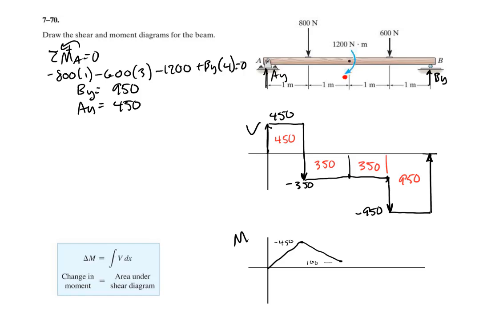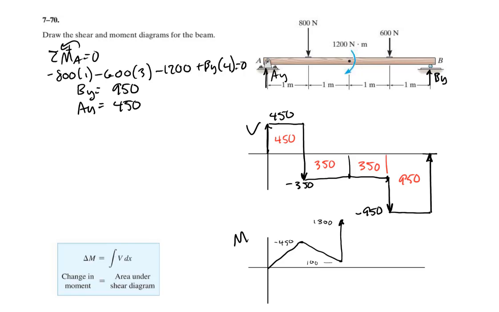And our rule is if it goes in the clockwise direction, moment takes a step up. So what we would do is then draw this discontinuity up like this to a new value of 1300. Yeah, it's 1300 because it starts with 100 and then it goes up here, so that'd be 1300.